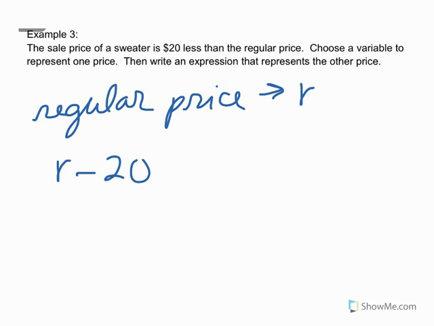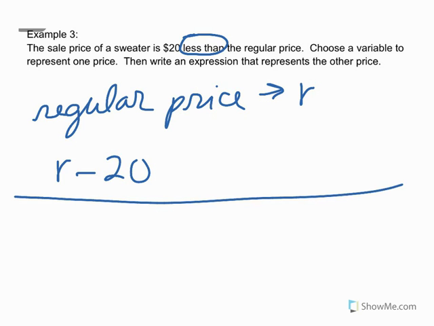Because remember, the sale price of the sweater is $20 less than the regular price. And less is one of those keywords that we learned about. Less than means subtracted by, subtracted from. That is not the only way to write this problem, but it is one way to do it.